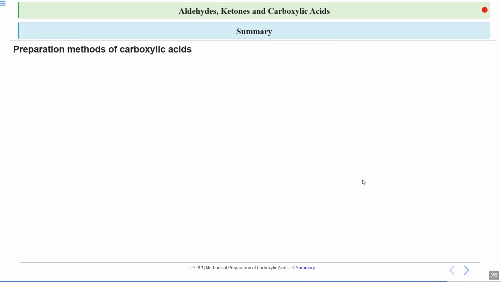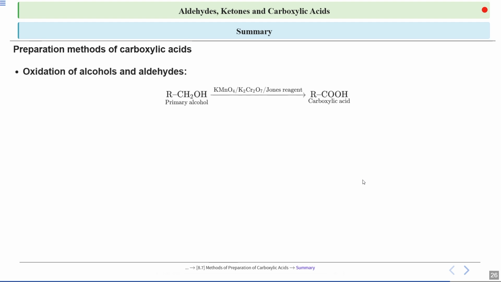Now we will summarize all the methods which we have studied today. First we saw the oxidation of alcohols and aldehydes. We can oxidize a primary alcohol using a strong oxidizing agent like potassium dichromate or potassium permanganate to convert it into a carboxylic acid.